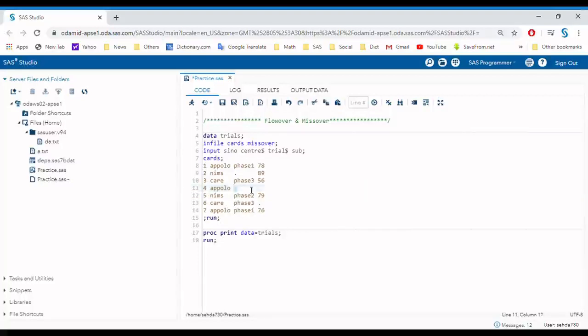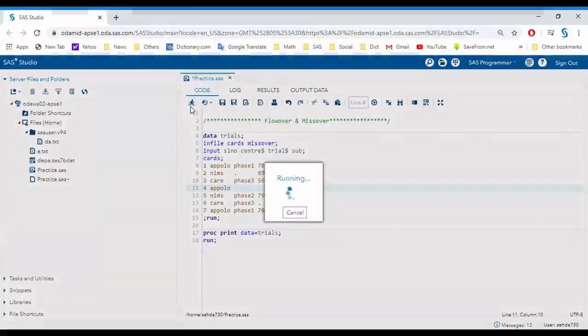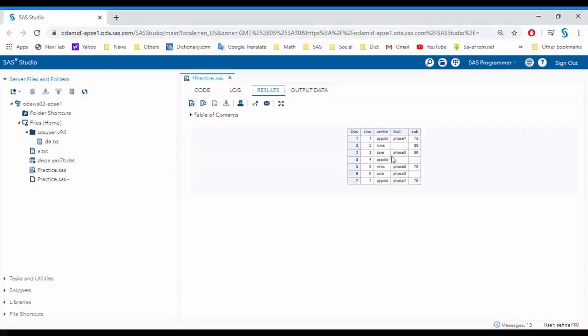It will leave that entire thing as missing because we have used Missover. Let's see. All right, you see it has been read successfully. There were 7 observations in total, so we got 7 observations in the output, and this is missing, and this sub is also obviously missing.